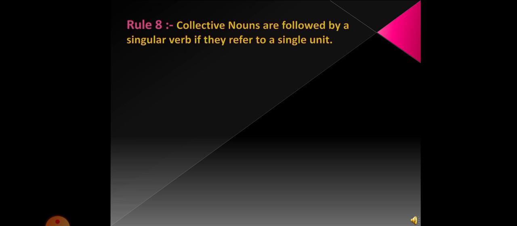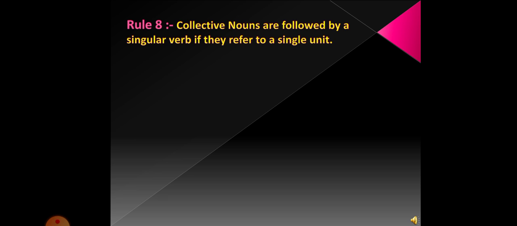Next rule is collective nouns are followed by a singular verb if they refer to a single unit. What does that mean? It states that if the collective noun refers to a single unit, then we should use a singular verb with them.